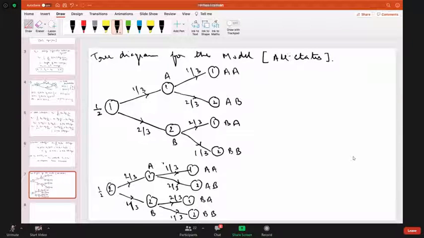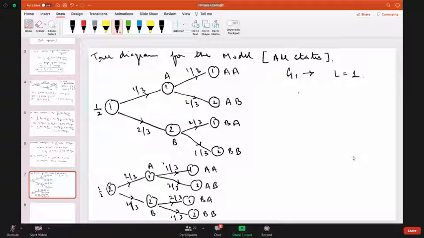So now, to evaluate these quantities, the first thing that we need to know, suppose now we are evaluating G1. To evaluate G1, which means that either a message A is emitted or a message B is emitted, because G1 means we are considering messages of length 1. So for G1, L is 1.